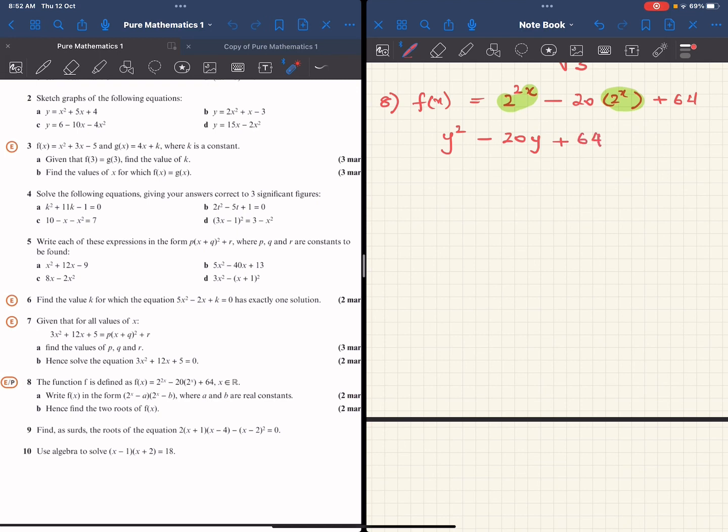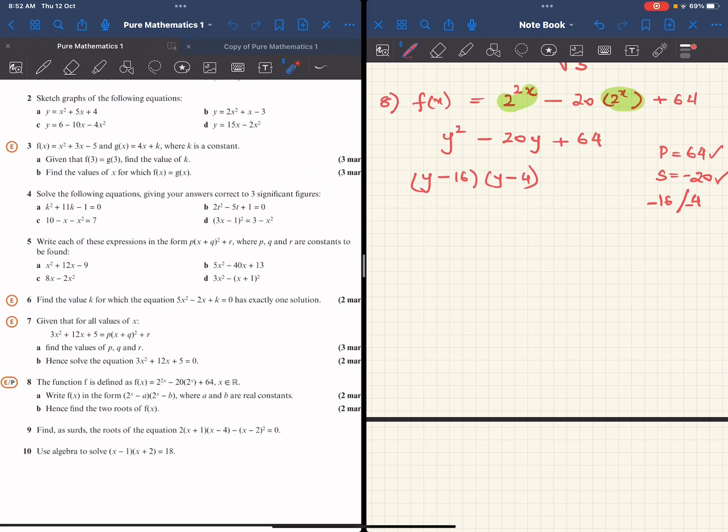So I can factorize this. Product is equal to 64. Sum is equal to negative 20. So 16 fours are 64. So negative 16 into negative 4 gives us positive 64 and adds to give us negative 20. So we have y minus 16 into y minus 4.